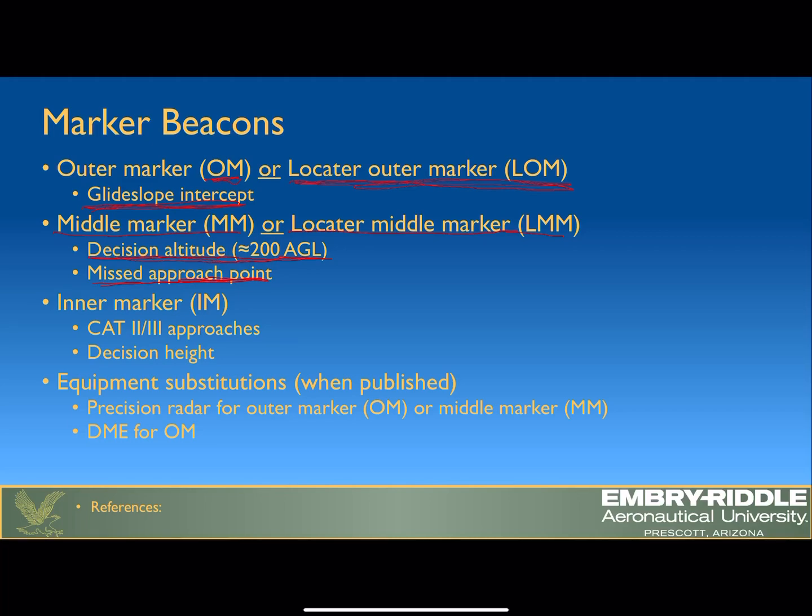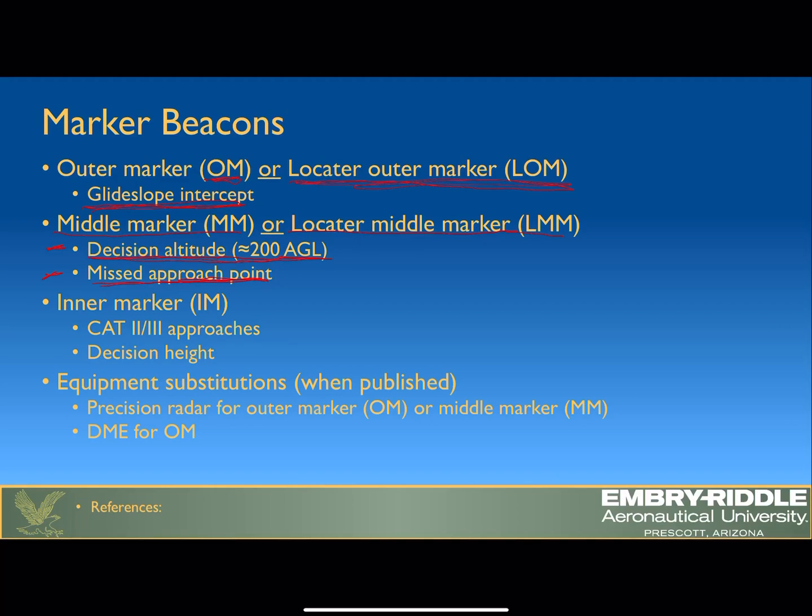Now you're going around to either try again or land at a different airport or a different runway under a different approach that allows you to make that landing. So you have to execute that missed approach. So this is a very important altitude. So when you hit this point, if you don't see the runway, you have to execute a missed approach. So you'll commonly hear it referred to as either the decision altitude or the missed approach point, where you need to make that decision if you're going to go around.